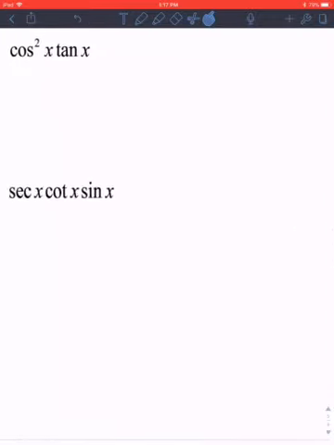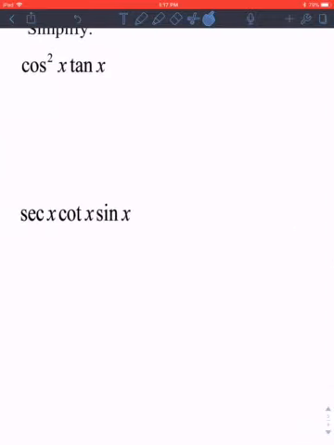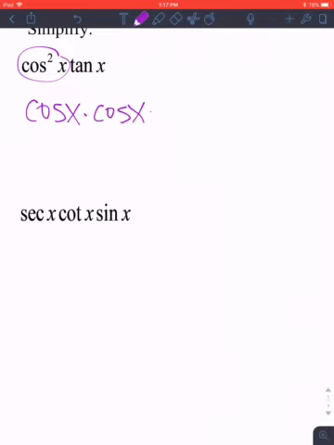All right, couple more. Cosine squared of x times tangent of x. Cosine squared means that we have cosine of x times cosine of x. Okay? And again, I'm going to put tangent in terms of sine and cosine, not 1 over cotangent. I'm thinking to do that here because I see what else we have in the problem is cosine, and cotangent's not really going to help us there.